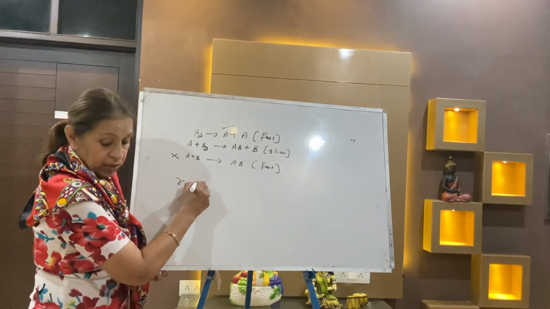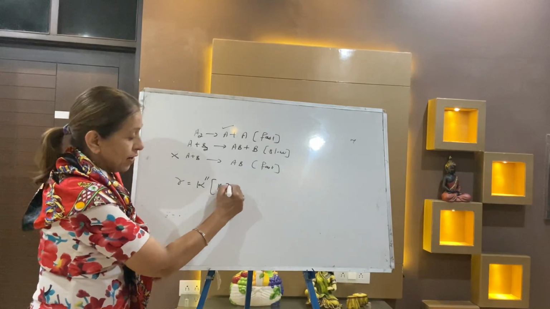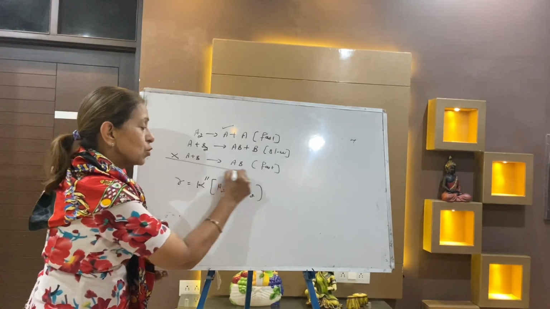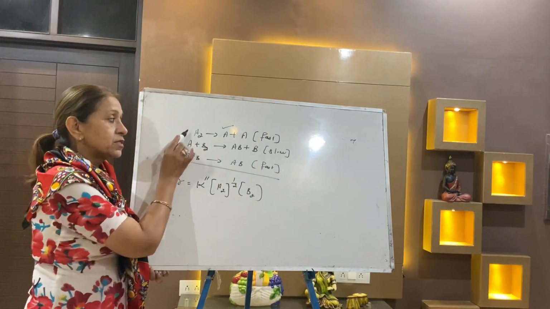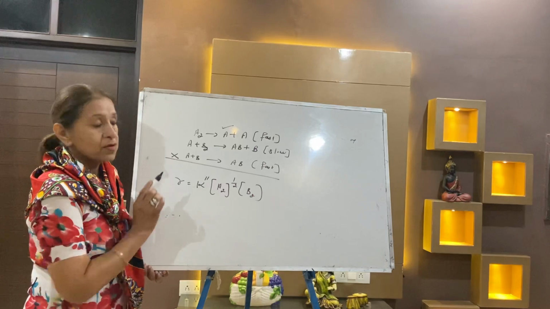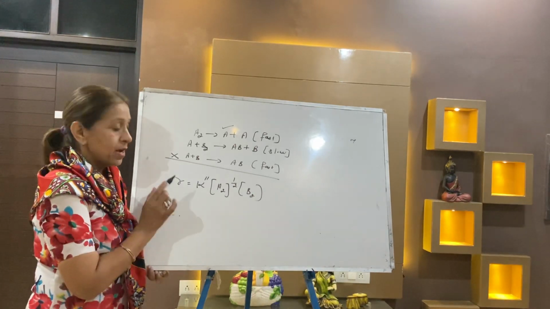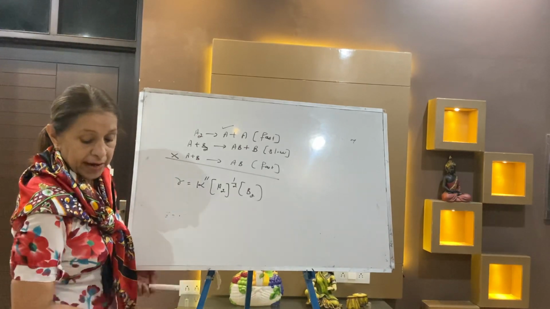The answer to this question is R is equal to K double dash into A2 power half and B2. So you will ignore this third step, consider only 2 steps, fast and slow. Apply law of mass action, and the answer will come R is equal to K double dash A2 power half and B2.